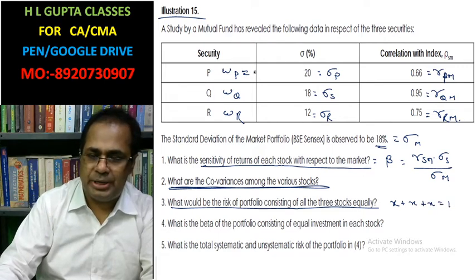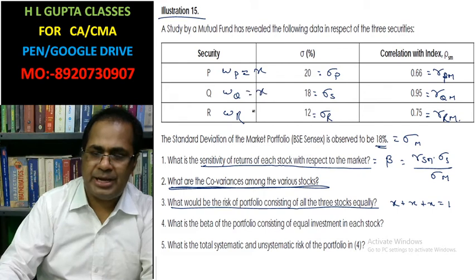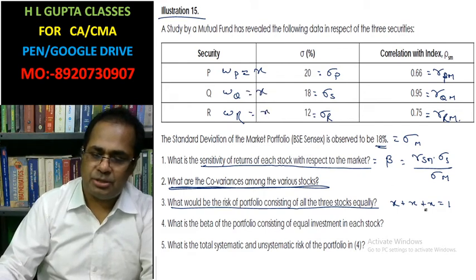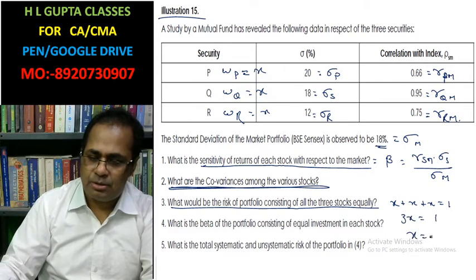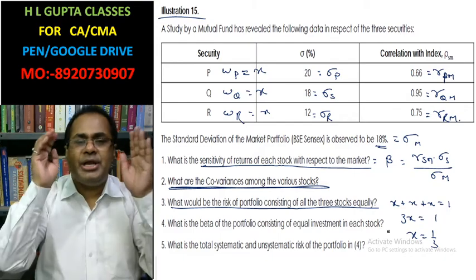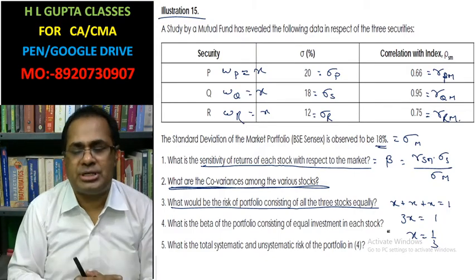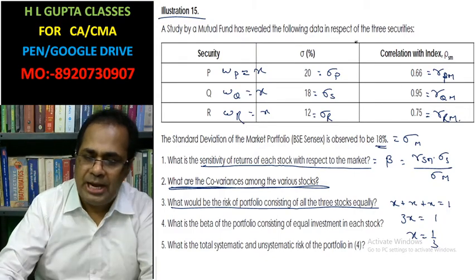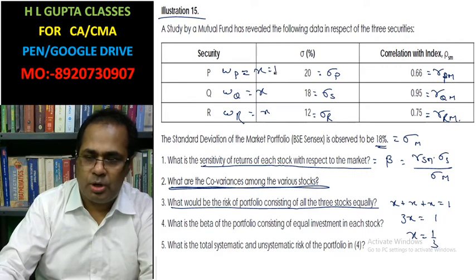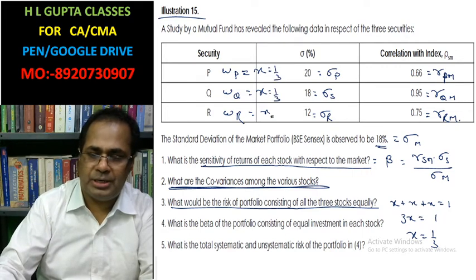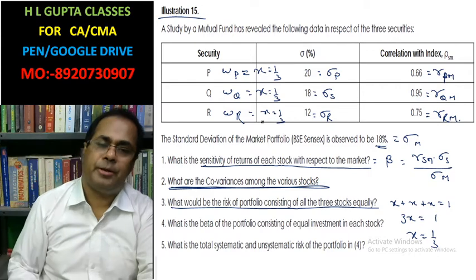This is assumed to be X, this is assumed to be X, this is assumed to be X. The sum of the weights is always 1, so 3x equal to 1, x equal to 1 by 3. Having equal weights means 1 by 3, 1 by 3, 1 by 3.